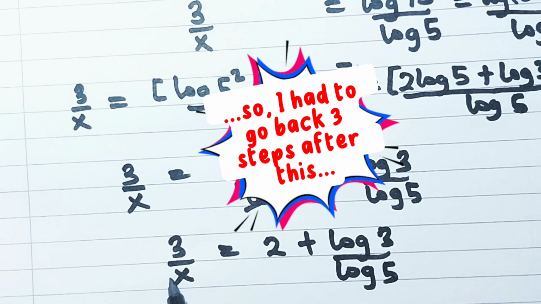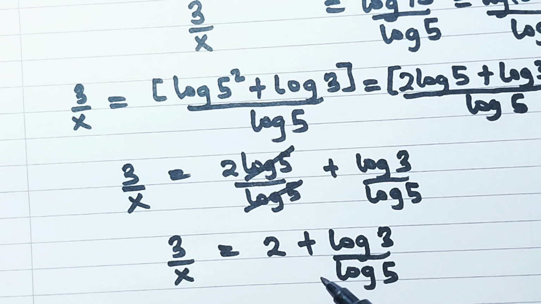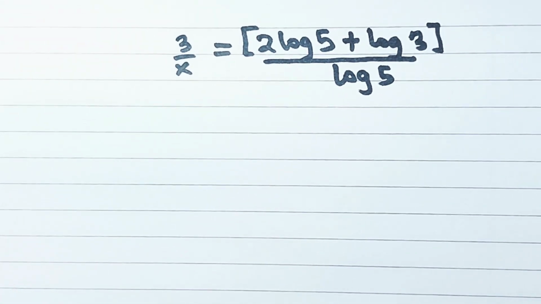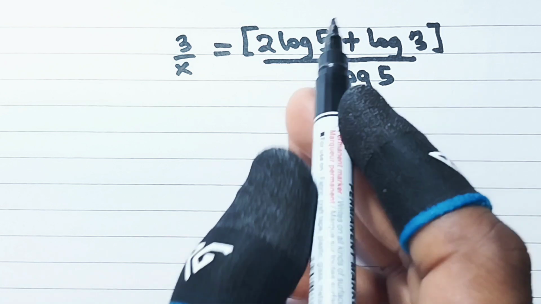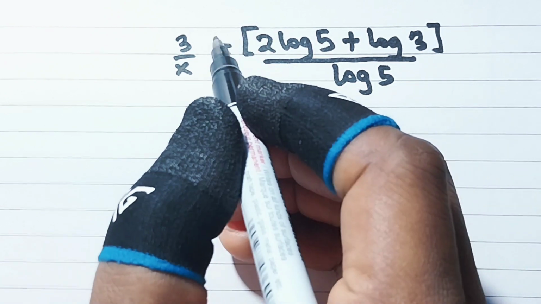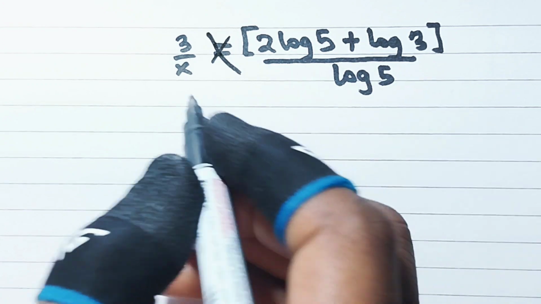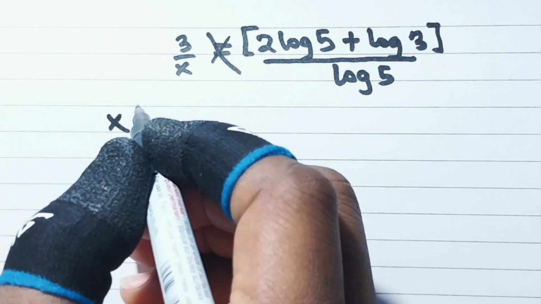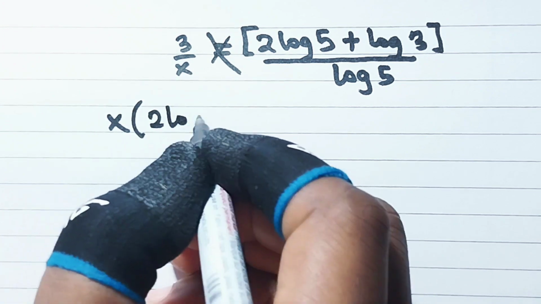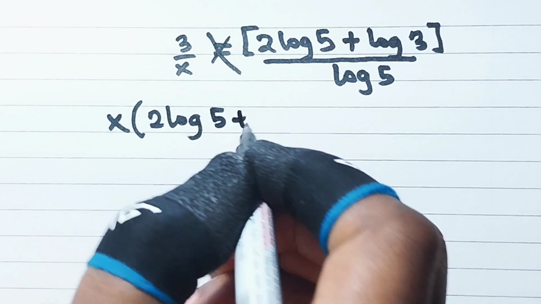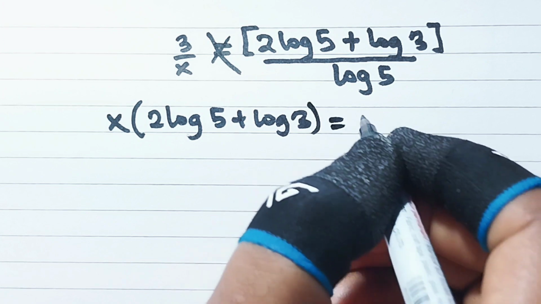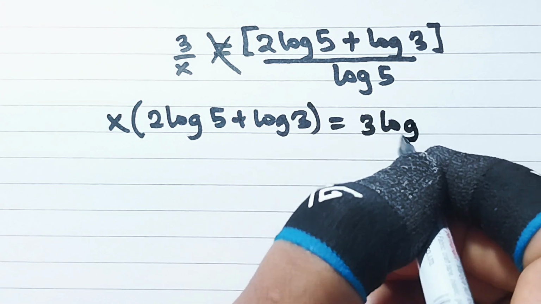So to solve for x now, this was what we got from that previous line, and to solve for x now, we can simply cross multiply. So we have x times 2 log 5 plus log 3 is equal to 3 log 5.